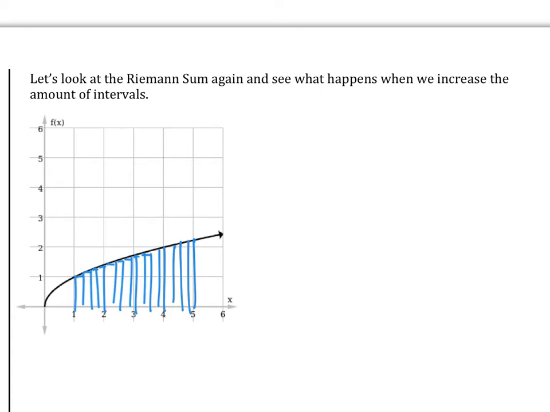How do we write this, as in I am increasing the amount of intervals to infinity, and then I'm trying to figure out what area would approach? Does that sound familiar? We are basically asking a question of limit.